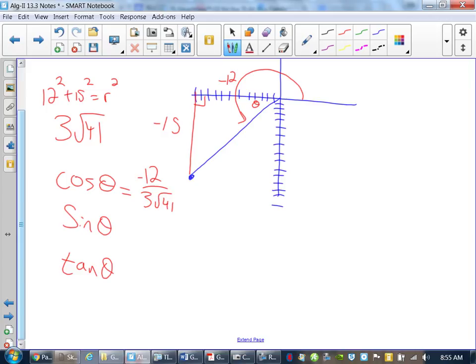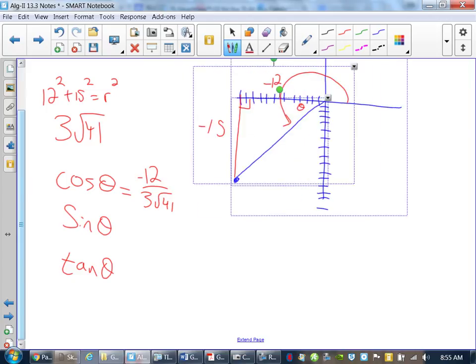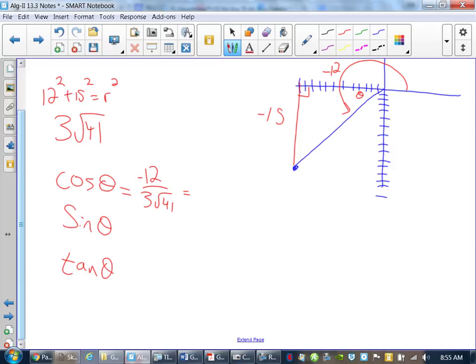You guys know how to rationalize, correct? So for this one, you're going to get negative 4 root 41 over 41. We okay with that? Sine was negative 15 over the 3 root 41.